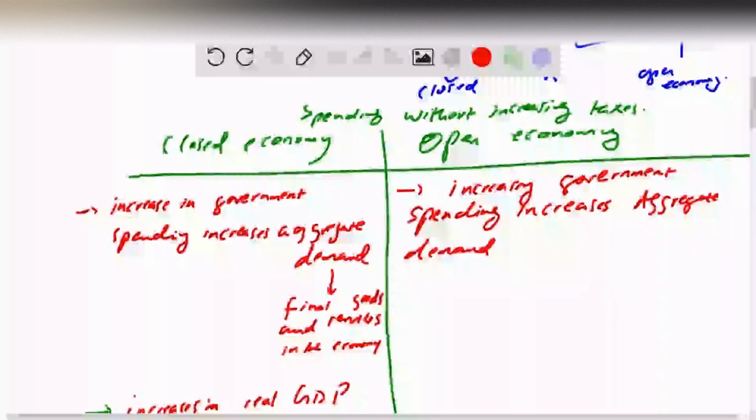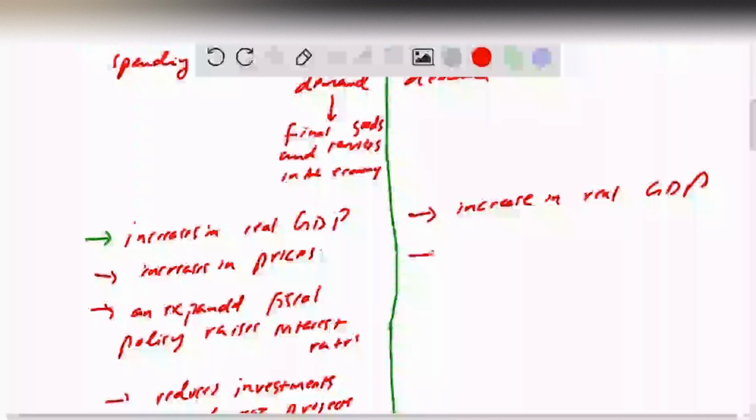The result is that you have an increase in real GDP, and you also have an increase in prices.